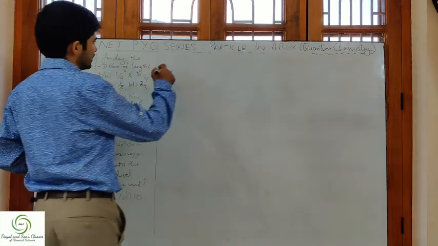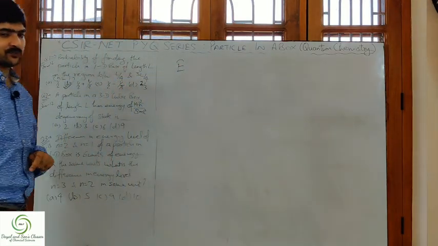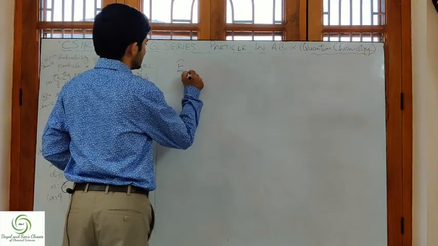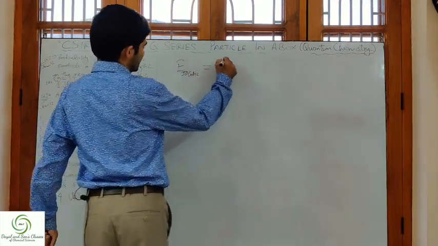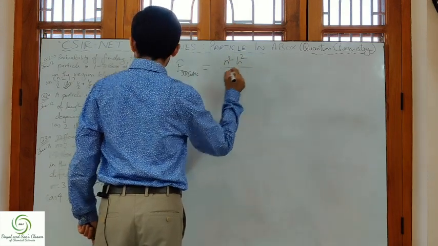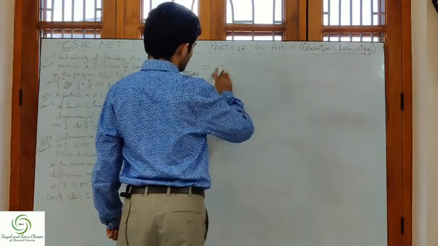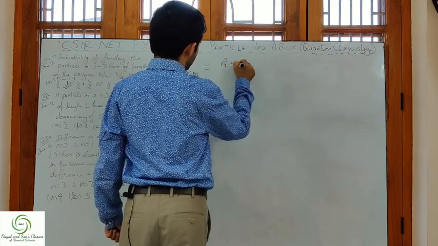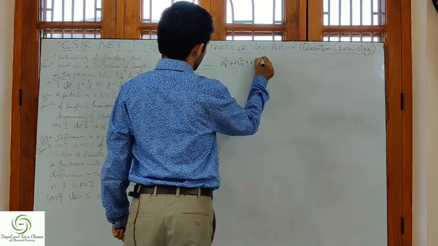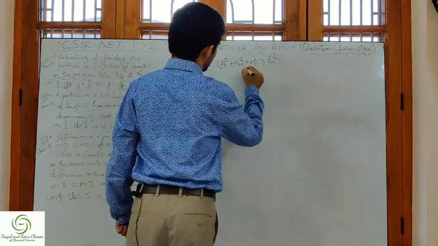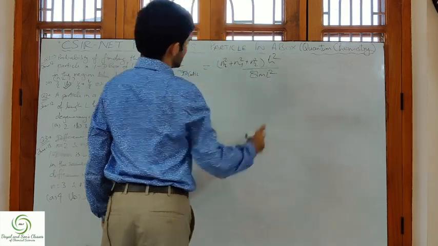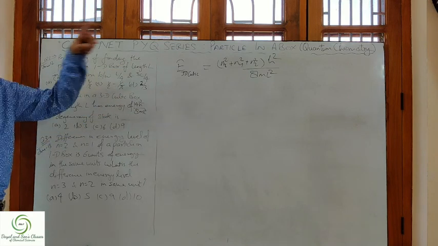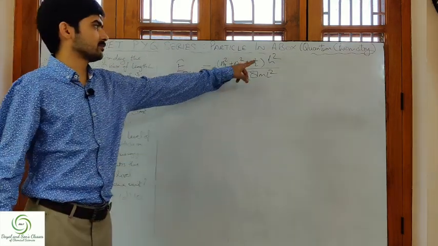Now let us first see what is the general expression for the energy of a particle in a 3D cubic box. For a particle in a 3D cubic box of length capital L, energy is given by nx square plus ny square plus nz square into h square upon 8 m L square.